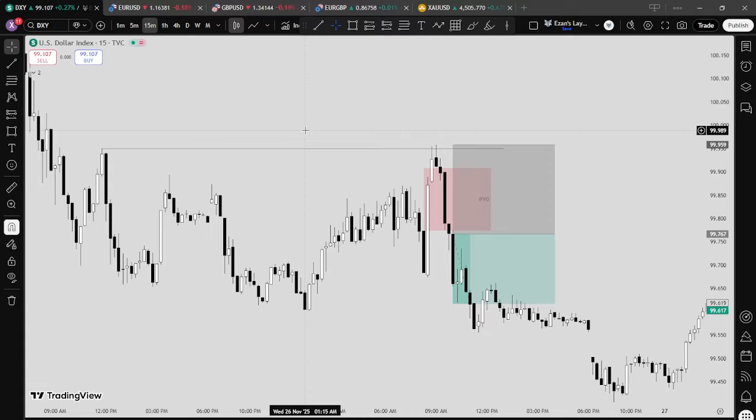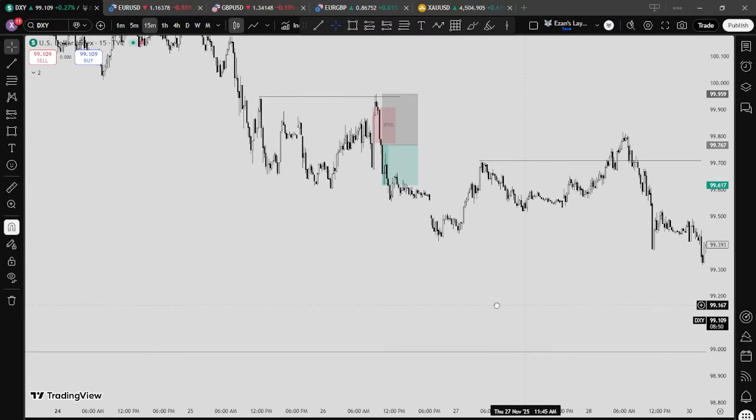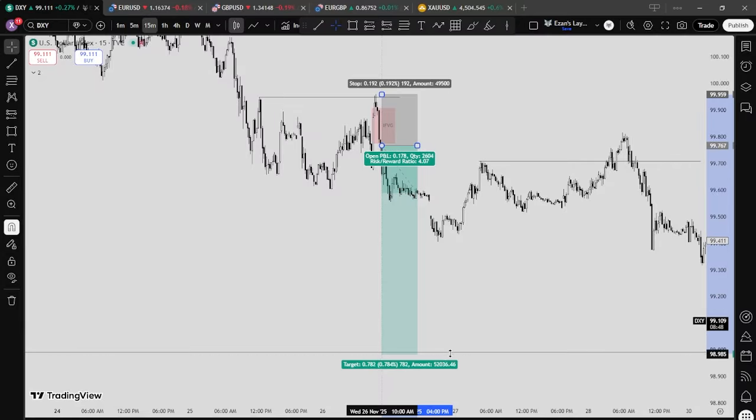So I would always recommend putting your stop at a strong swing high, and a strong swing high is basically the opposite of a weak one. A strong swing high is a swing high or a swing low that has indeed swept out another swing point, right?